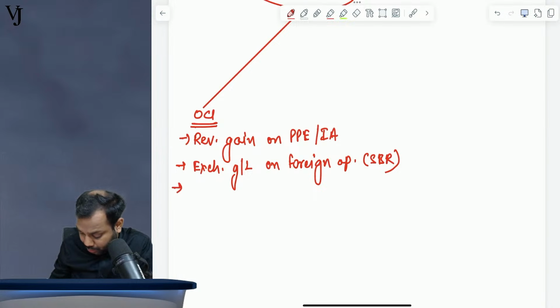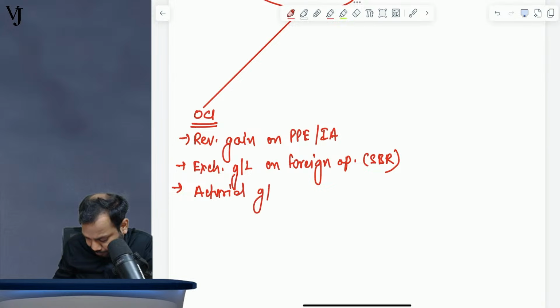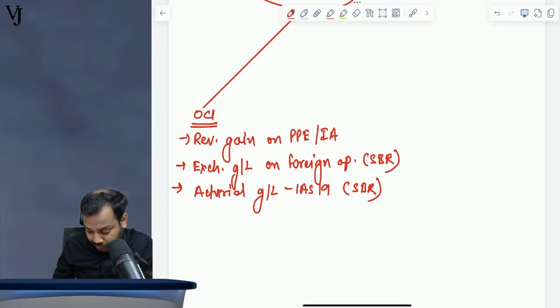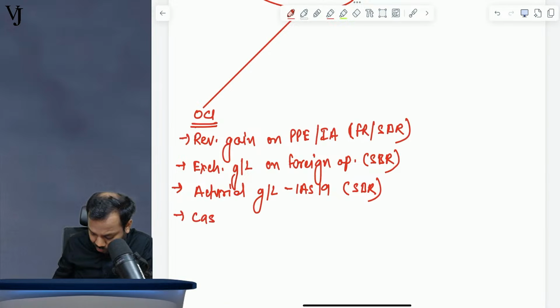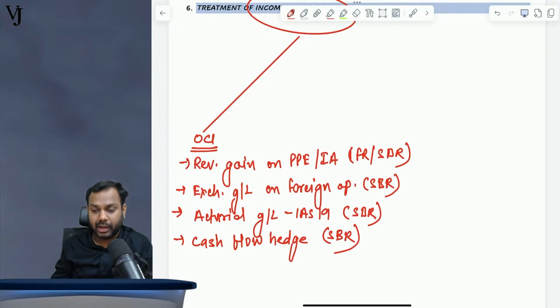Actuarial gain or loss, as per IAS 19, is there in both FR and SBR. Now cash flow hedge is there in SBR only.